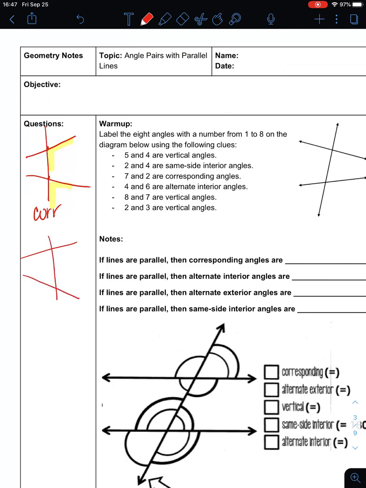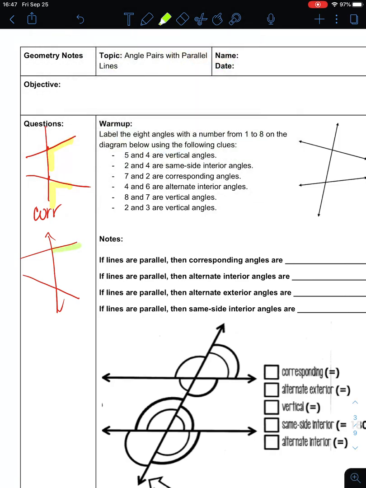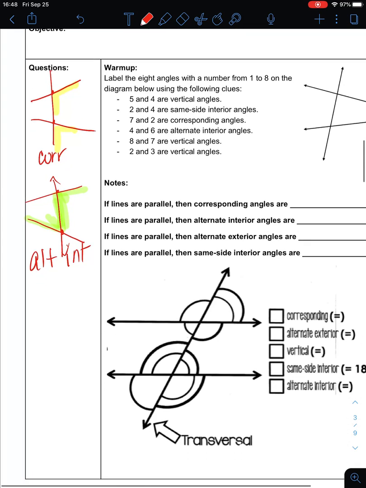Then we talked about if we have two lines that intersect with a transversal, that these angles would be alternate interior angles. These two right here, they're on alternating sides of the transversal. They're both interior and they each have their own different vertex.